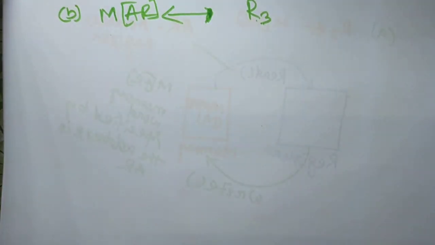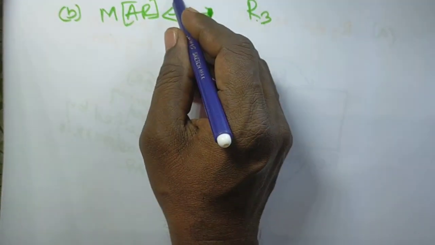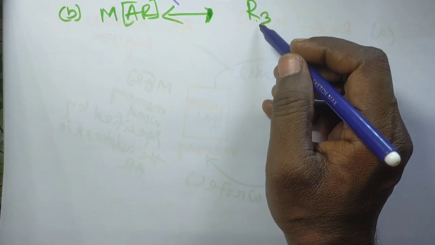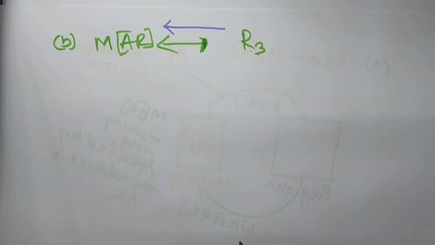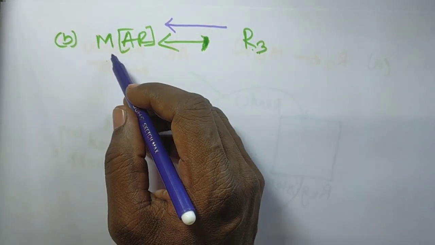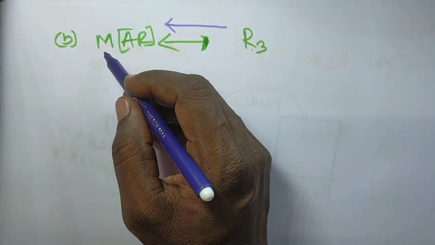It means like this. Okay, I will show again. Here suppose the direction is given in this way. The content of register R3 transfers to memory, means we have to write some content from R3 to memory.